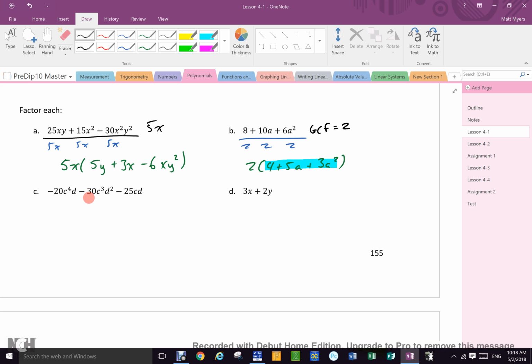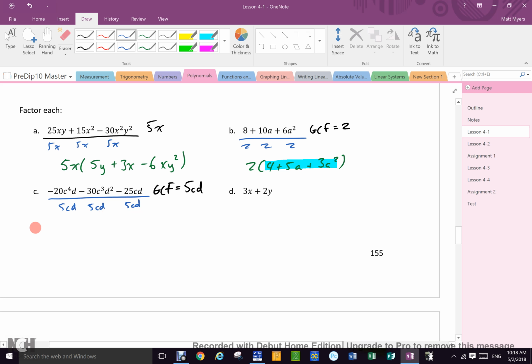Biggest, which on a number line is everything to the right of 0, correct? Everyone agree? Okay, so by that argument, what is the GCF here? 5CD. So everything would divide by 5CD, correct?